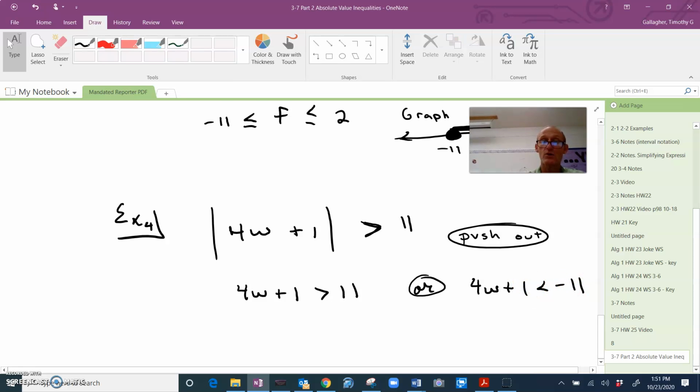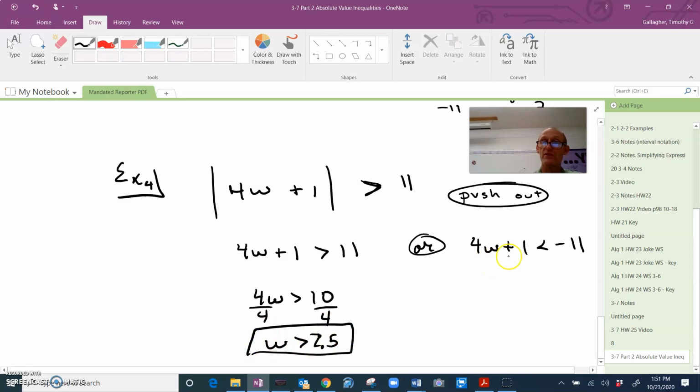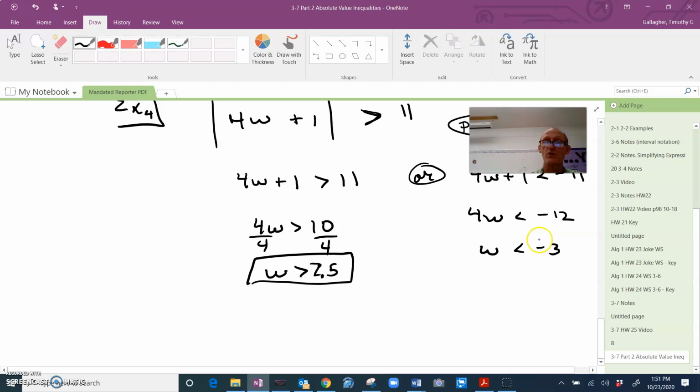Okay? So we're going to solve each one of these. We get 4w is greater than 10, divide by 4. So w is greater than 2.5. You're going to subtract the 1, and you get 4w less than negative 12, or w less than negative 3. All right, so the graph, put 0 right here.